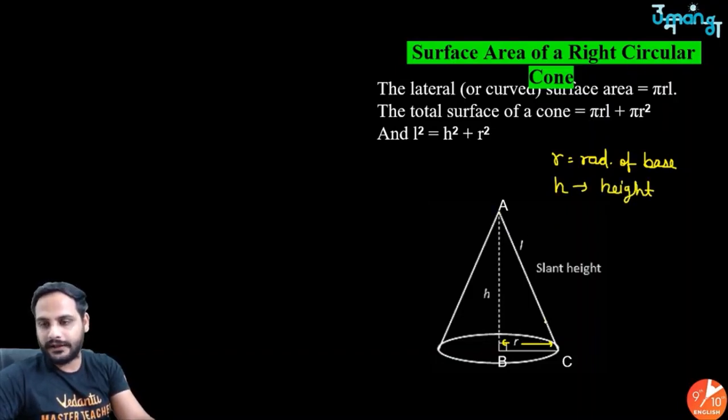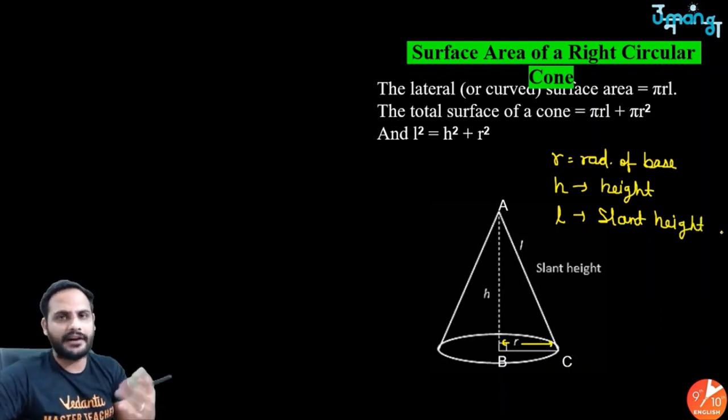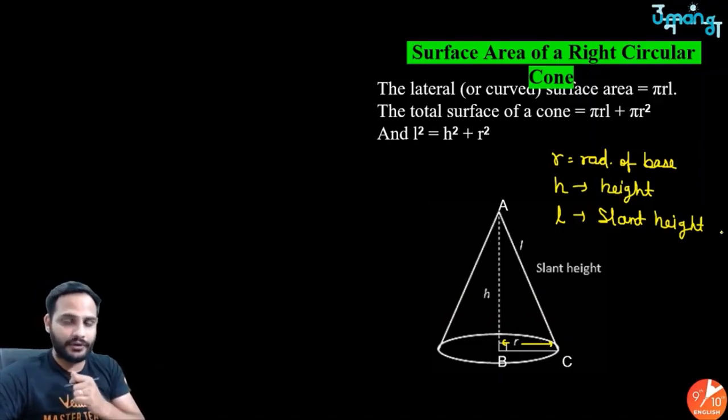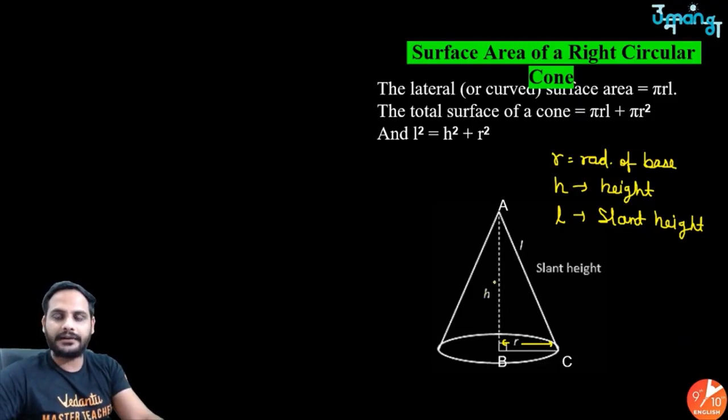And this part AC is called small l, which means slant height. So these are the three important measurements. For example, in the cylinder, radius and height are important, and for a cuboid, length, breadth and height are important. In a cone, radius, height and slant height are important.